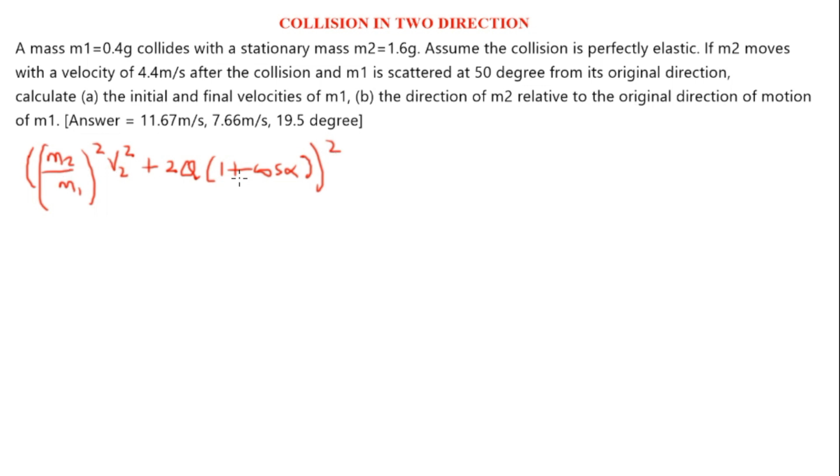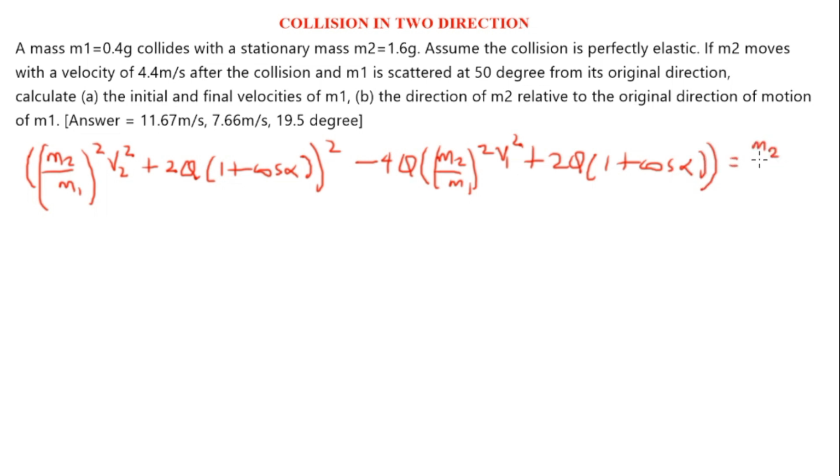Since we had p squared then square, then we have minus 4q, then p squared again, so our p squared is (m2 over m1) squared, then v1 squared plus 2q (1 plus cos alpha). So that's it. It has to be equal to (m2 upon m1) squared, then v2 raised to power 4.